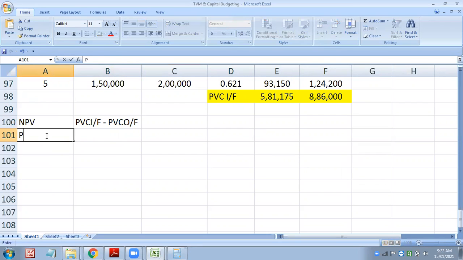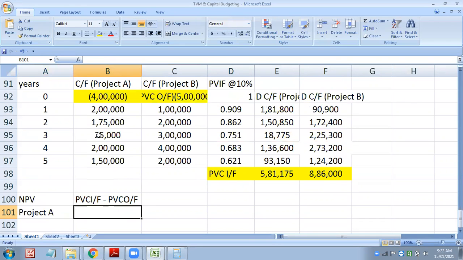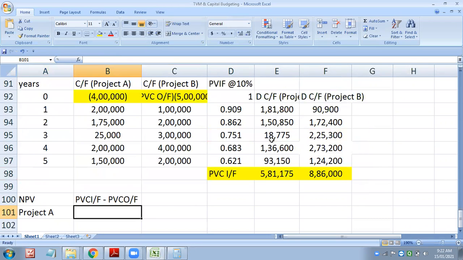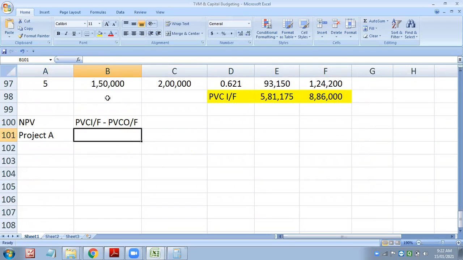Okay. So project A, what you are getting? 4 lakh, sorry, 5 lakh 81,175 minus 4 lakh.